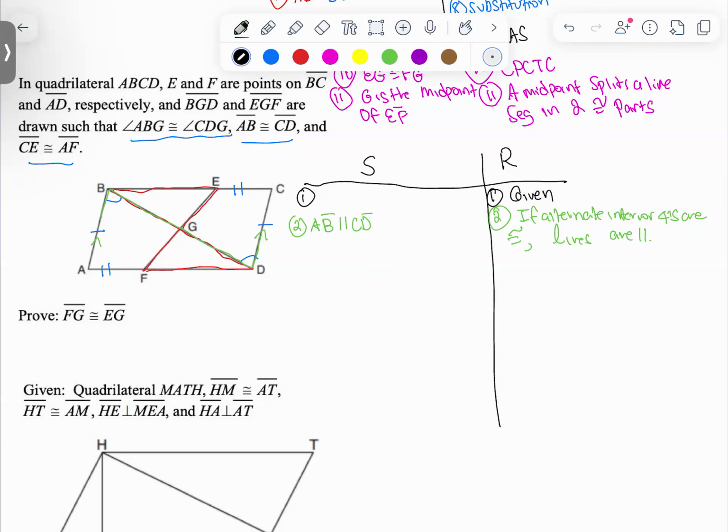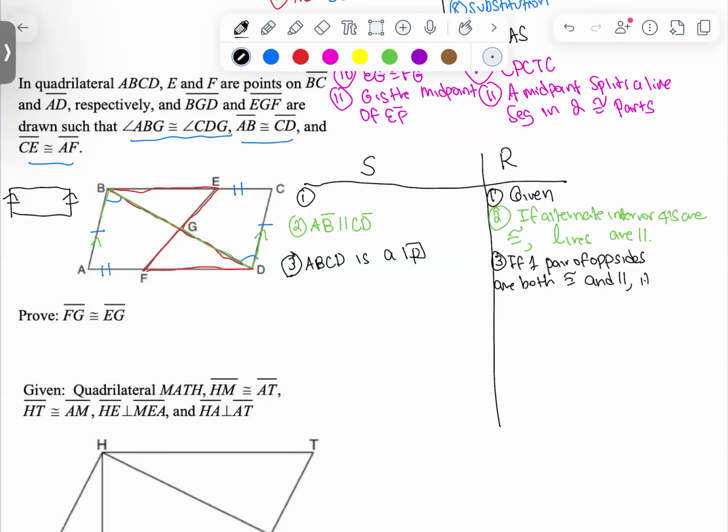Now from here, I know that ABCD is a parallelogram because just like in the last example, if one pair of opposite sides is both congruent and parallel, it's a parallelogram. ABCD is a parallelogram. If one pair of opposite sides are both congruent and parallel, it is a parallelogram.